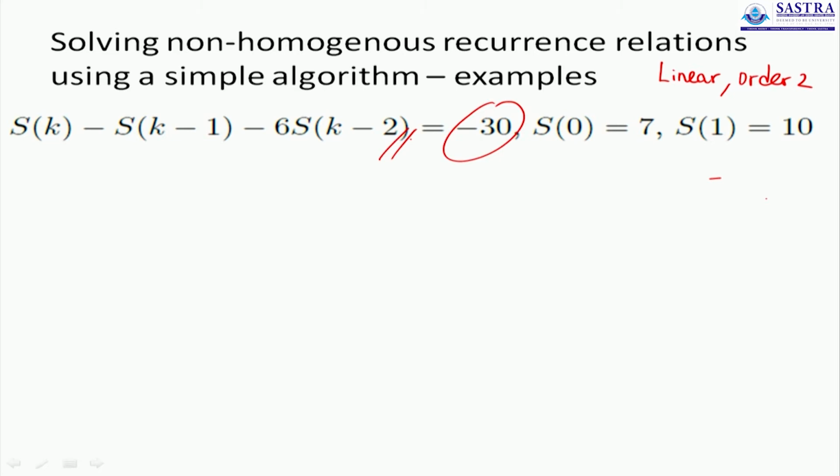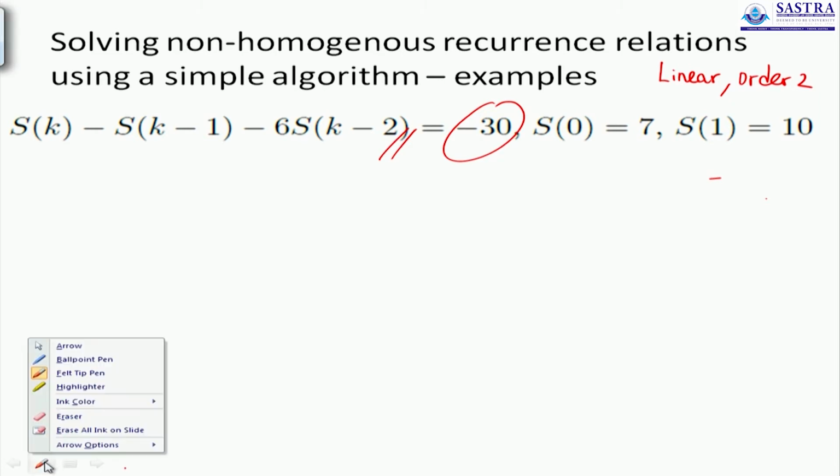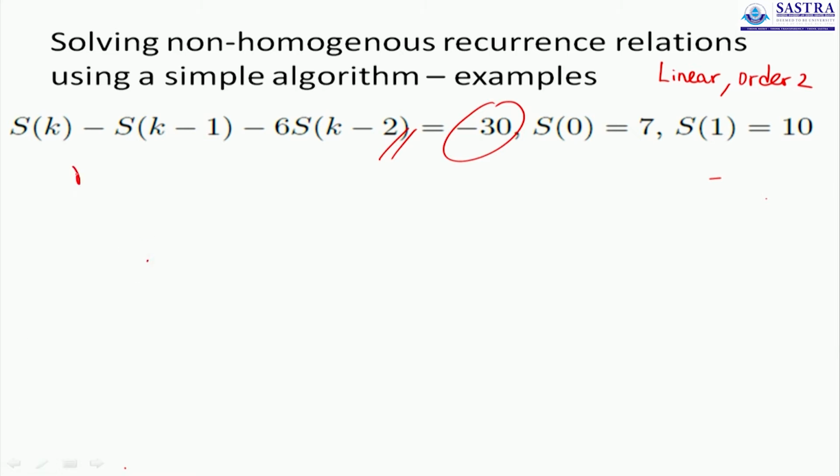Now, since this is non-homogeneous, once again we will have to solve the problem in two parts. Part 1, we will have a look at the homogeneous part of the answer, and part 2 we will have a look at the particular part of the answer. But for both, you will have to write down the corresponding characteristic equation. Since this is an order 2 recurrence relation, you will start with the highest power of r as 2.